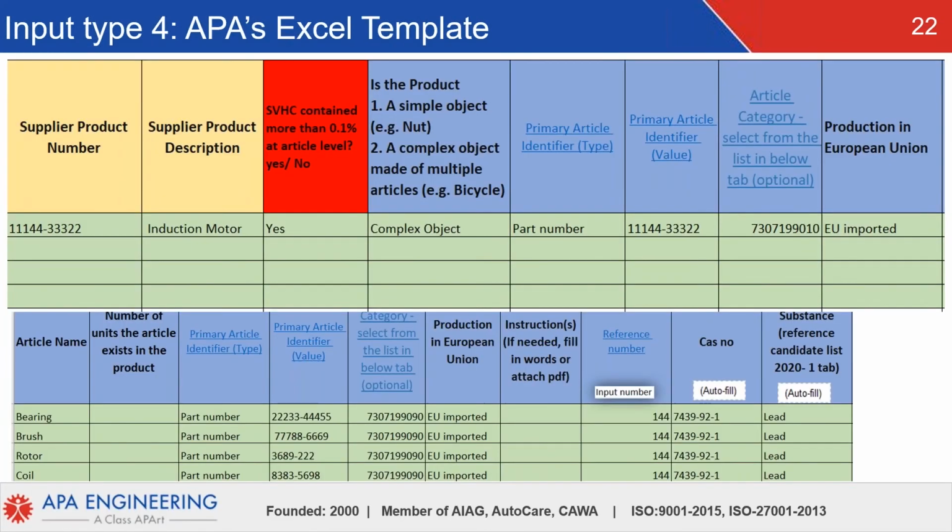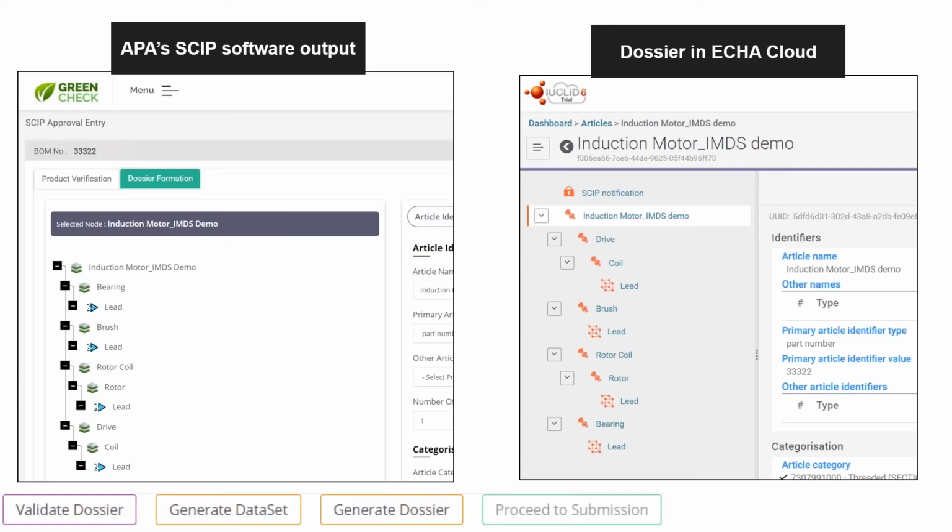The fourth method is the Excel template, an API-developed Excel template they can use to start getting the details from suppliers. This is the output which GreenCheck generates for a given data set from your input, and this is how the same output looks in IUCLID or ECHA software.